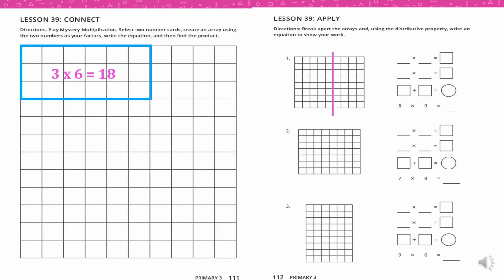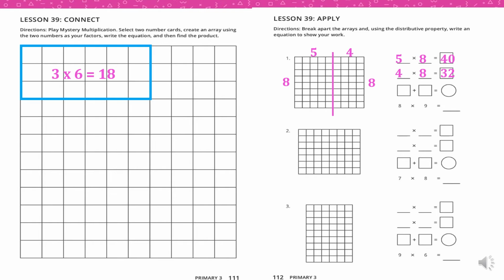So the first array is 5 columns and the next is 4 columns and we have 8 rows. So 8 times 5 or 5 times 8 equals 40. And the next array is 4 times 8 equals 32.